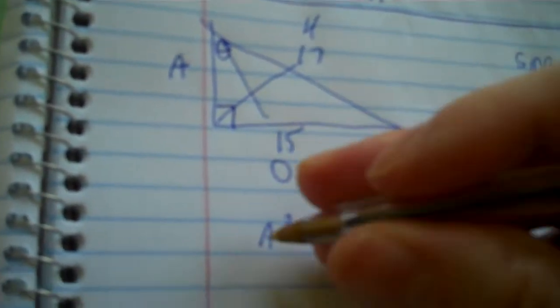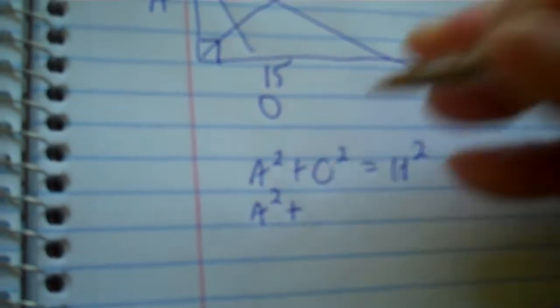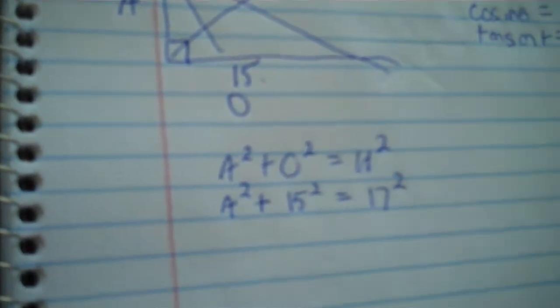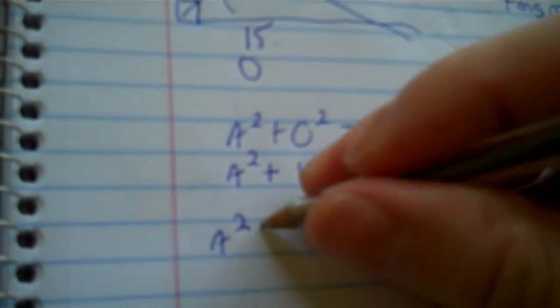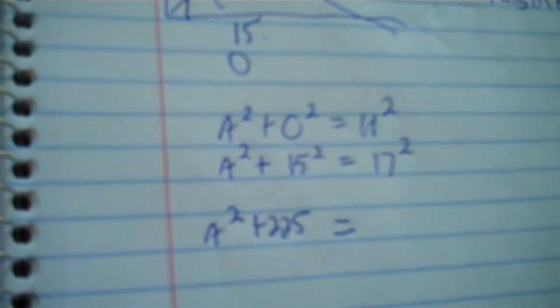So A is the one we don't know, so A to the second. O is 15, 15 to the second, and H is 17 to the second. Okay, so I don't know the A. Then I go 15 times 15, that's going to be 225. 17 times 17 is 289.